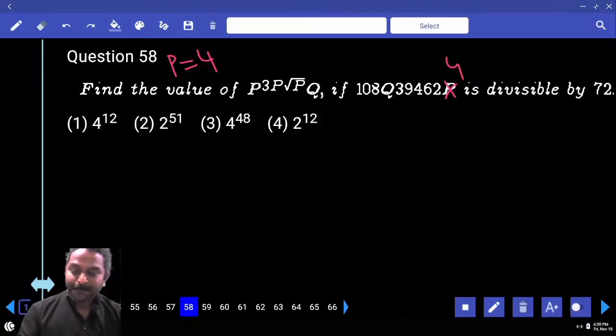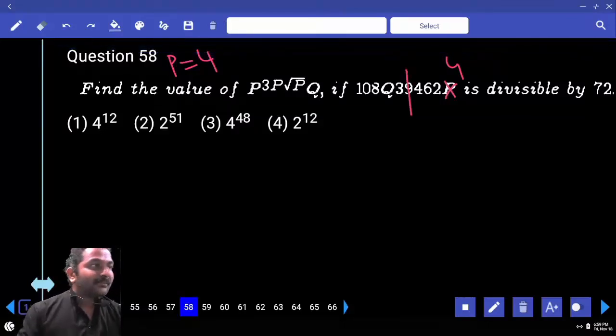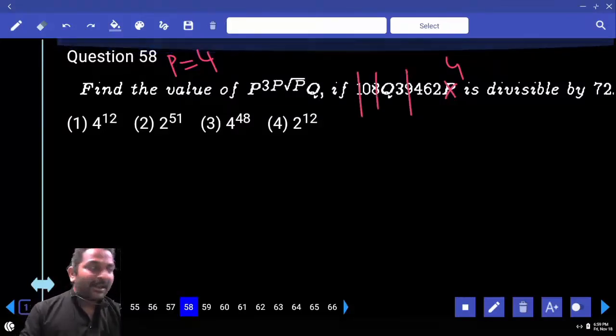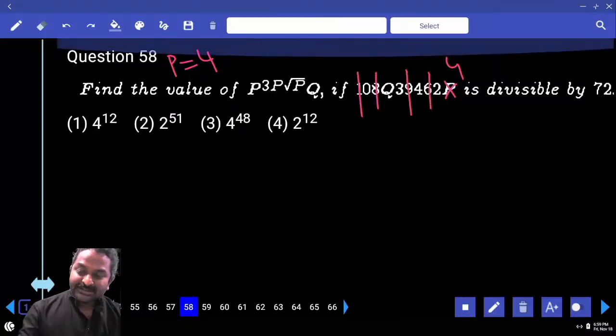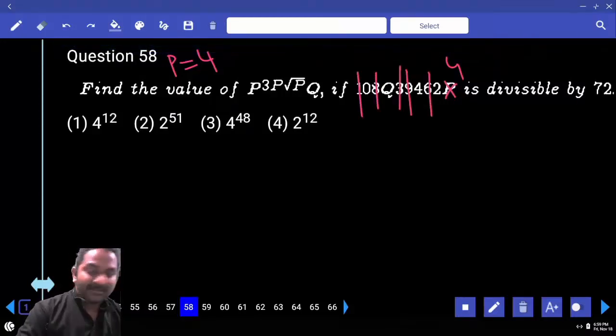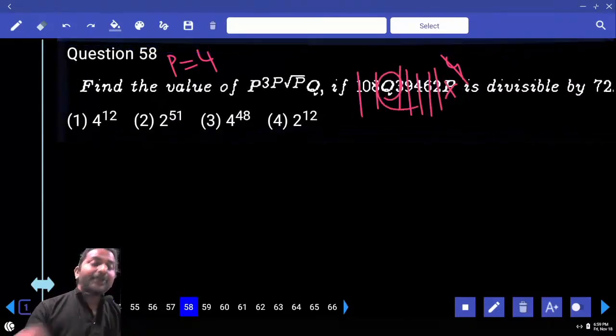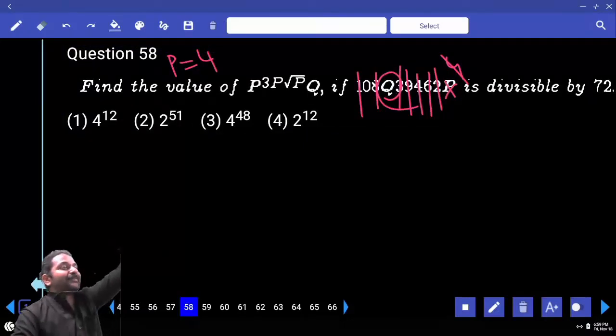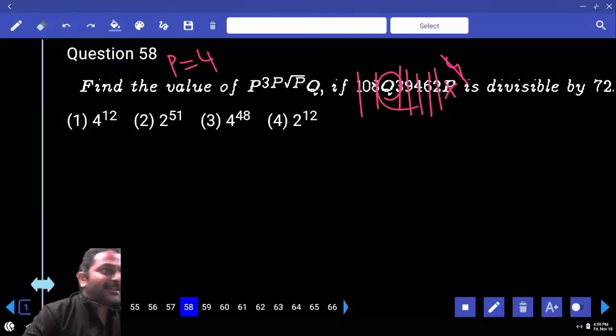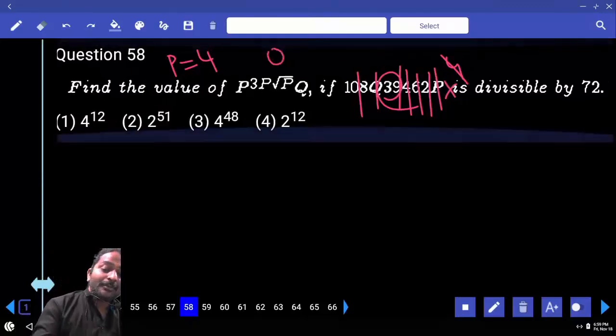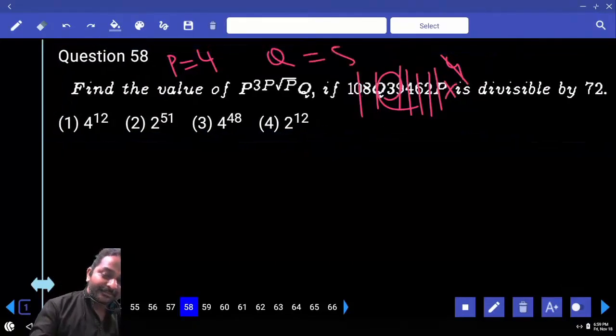Correct? 8 plus 1 is 9, 6 and 3 is 9, 4 plus 2 is 10, and then Q. 10 plus Q must be either 9 or a multiple of 9. Then Q must be 8.